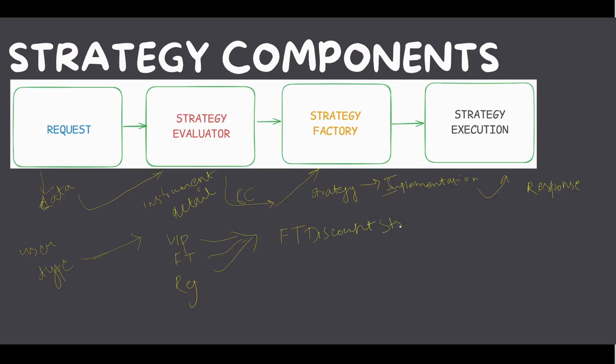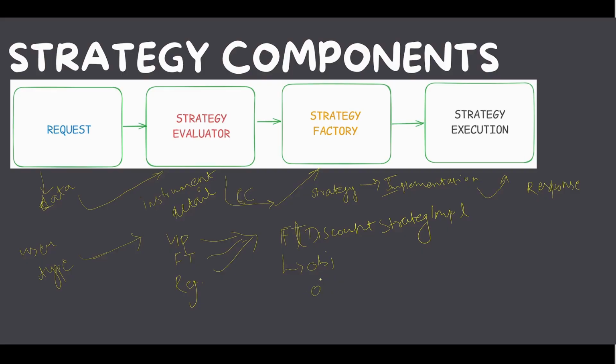Discount strategy implementation here. So this is nothing but an object. If we saw in the code, this is nothing but an initialized object. Now this will have the apply discount method. So for example, the object is named obj.